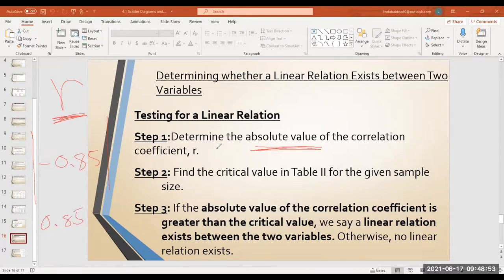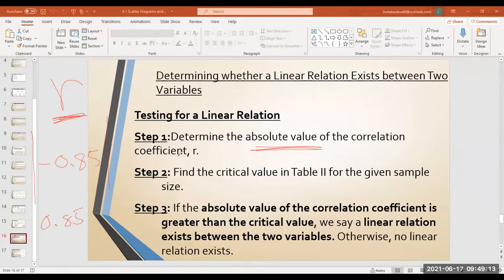So the absolute value of negative 0.85 is positive 0.85. If it's already positive, just leave it as positive.